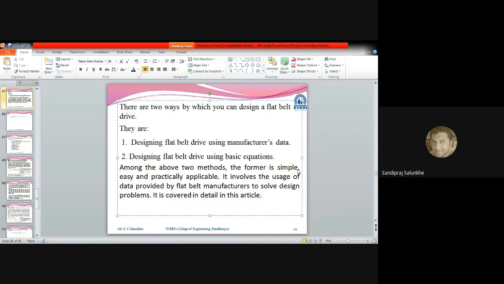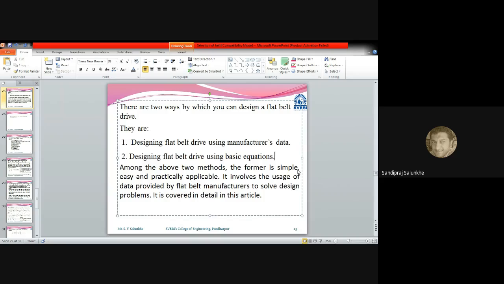Also, we have derived equations for other design processes. Whereas we have designed levers, in those levers also we have used basic equations which we have derived from the given condition.